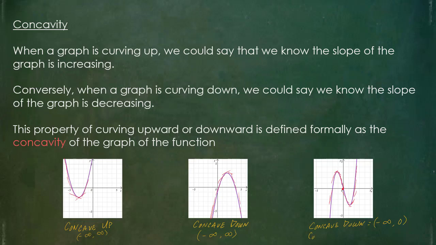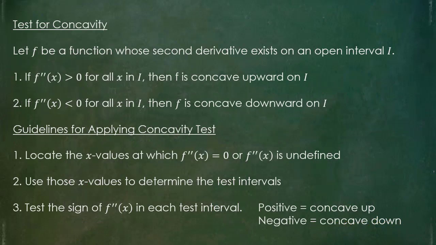And then it switches to curve up after that. So it'd be concave up from 0 until infinity, because the curvature of that graph to the right of 0 is curving up the entire time. So even though the slopes started negative, they were constantly increasing, and that created the upward curvature, which we call concave up. Hopefully those visuals give you an idea of what concavity really is.